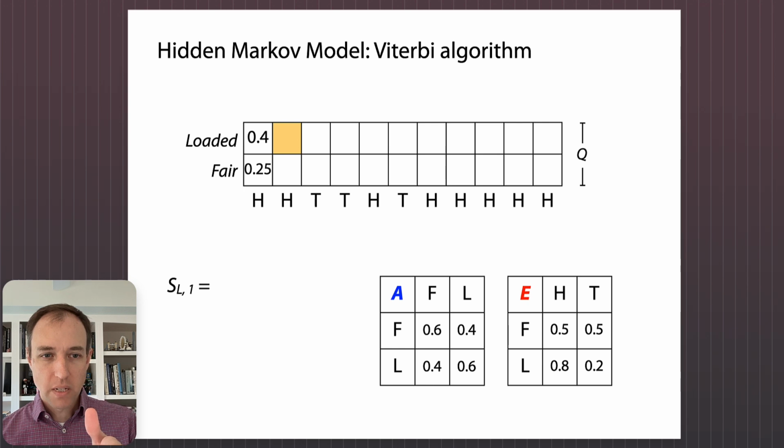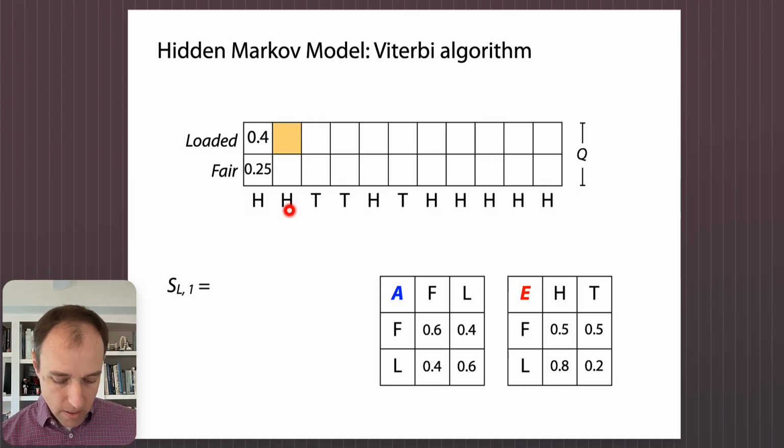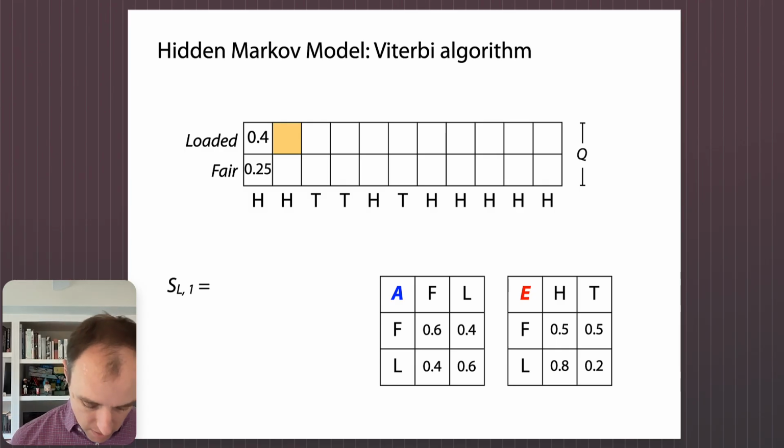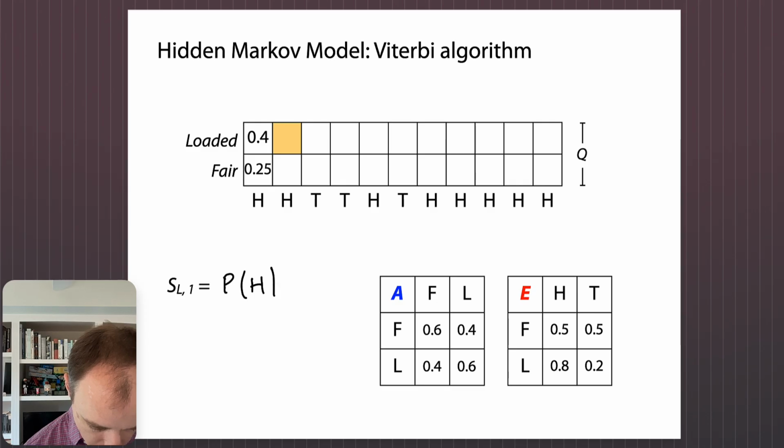So what do we need to multiply together here? Well, first let's multiply in the emission probability. Heads is our emission for this step, and we're in the loaded state. So we need to start with probability of heads given loaded. Okay, so that'll get multiplied in.